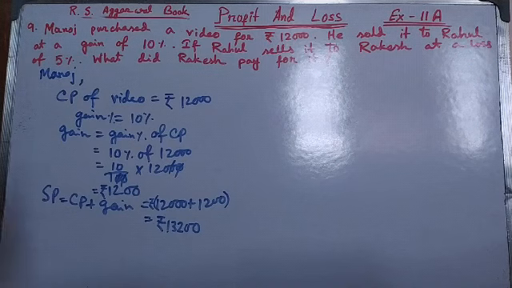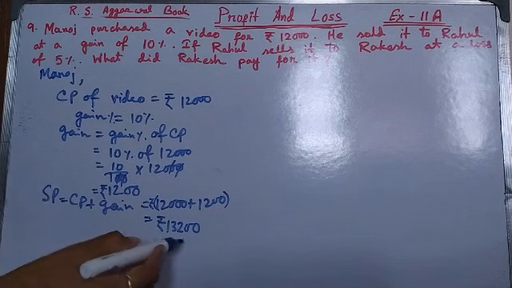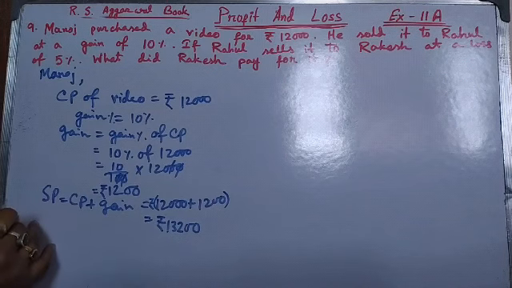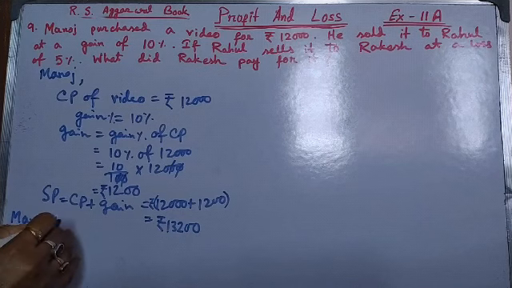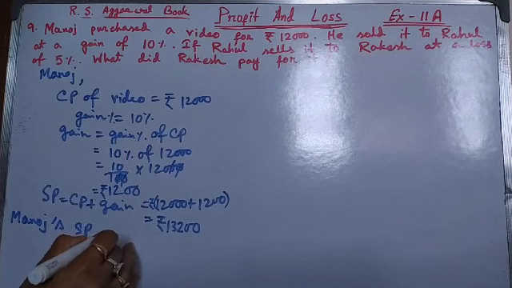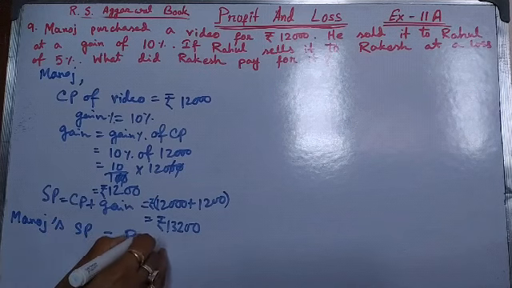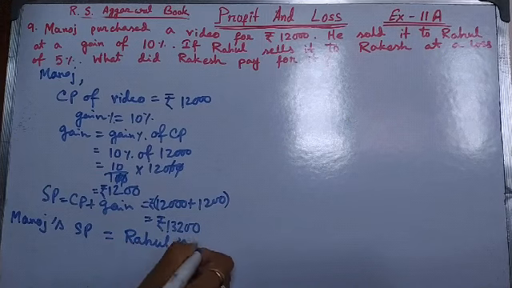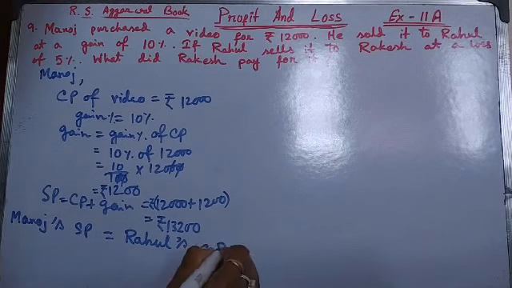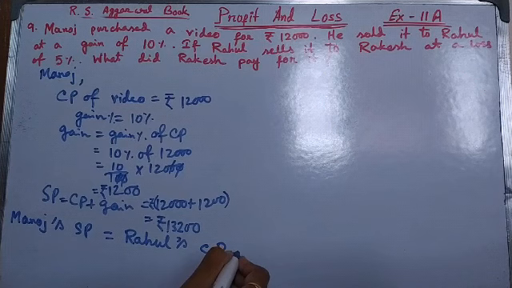But here Manoj sold it to Rahul. That means Manoj's SP is the CP of Rahul. So that line should be written here: Manoj's SP equal to Rahul's cost price for the video.